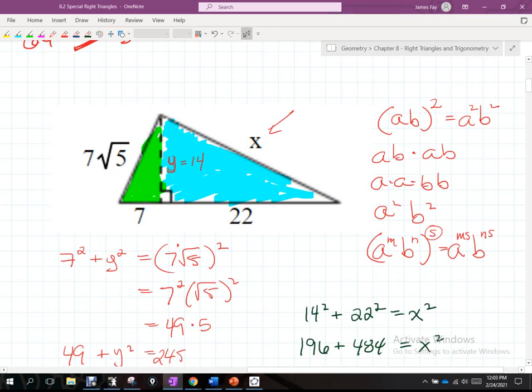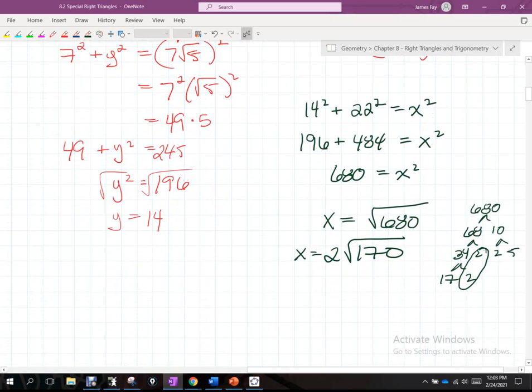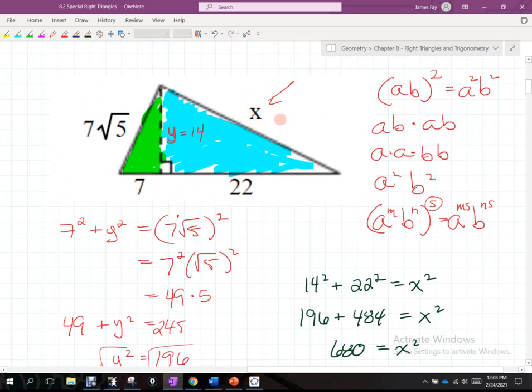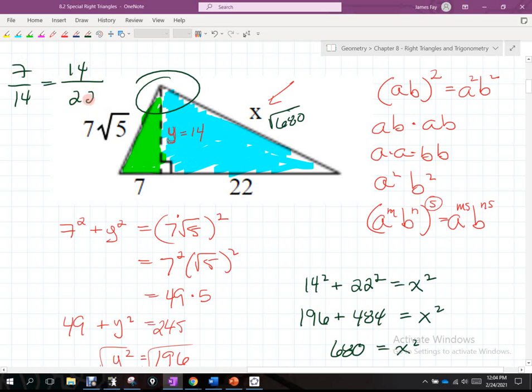Now, I want to do this. If that's 2 radical 170, I'm just going to write radical 680. It might make it a little bit easier here. Let's determine if this was a right angle or not. If that was a right angle, wouldn't we have been able to say that 14 was the geometric mean between 7 and 22?